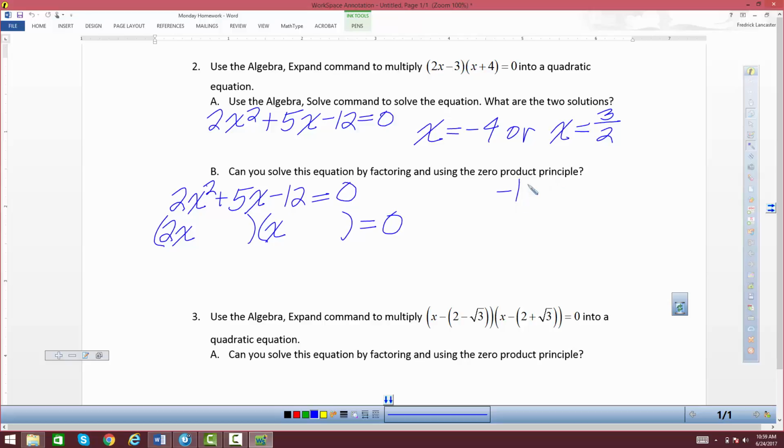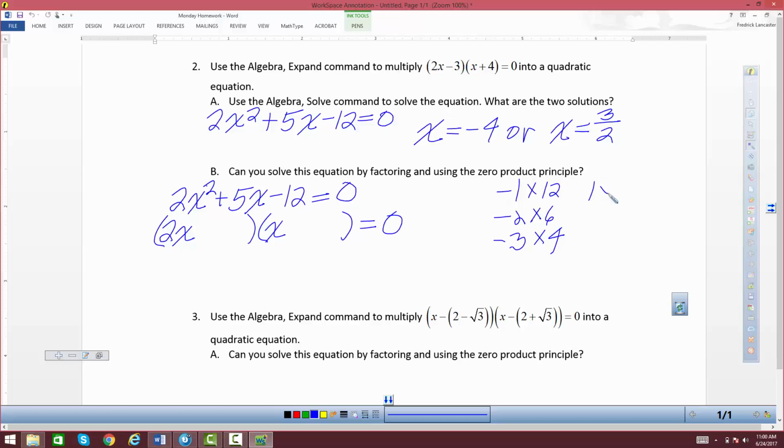I can do a -1 times +12. I can do a -2 times +6. I can do a -3 times +4. I can also switch the signs around.